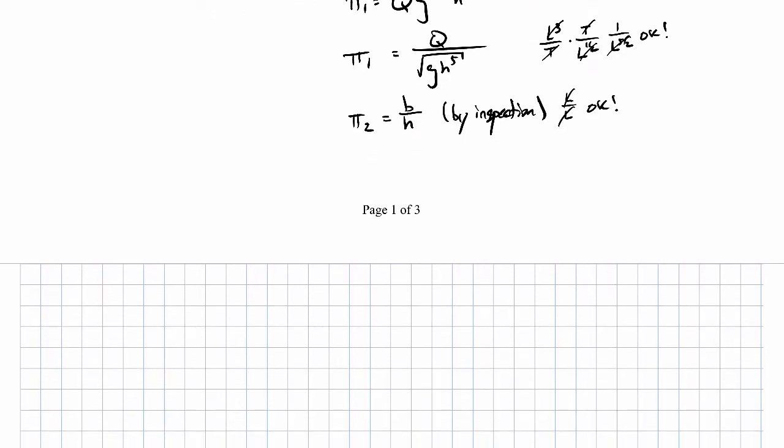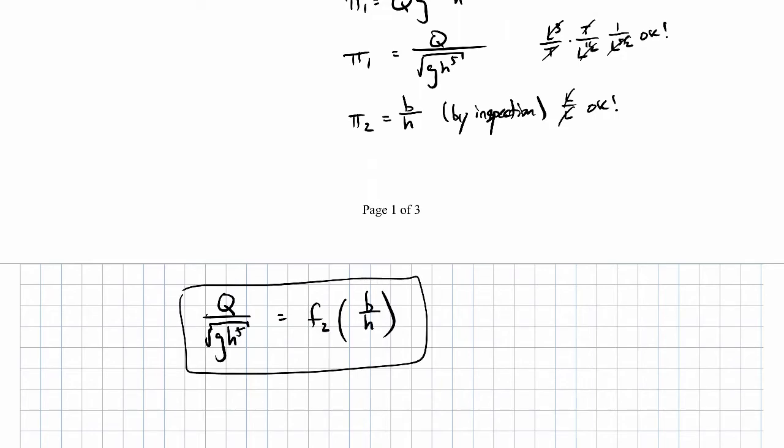So what we get in the end is, in terms of dimensionless quantities, our relationship is the dimensionless flow rate, q over the square root of g h to the 5th, is a function of b over h. So that's what our expression looks like in dimensionless terms.